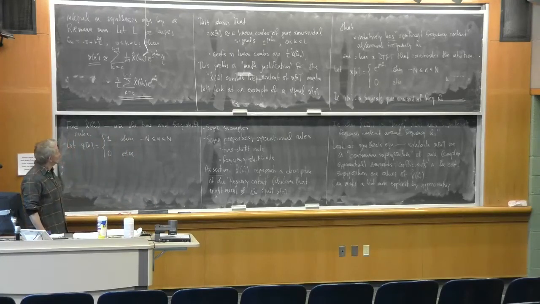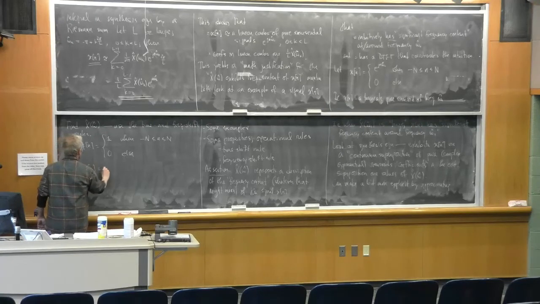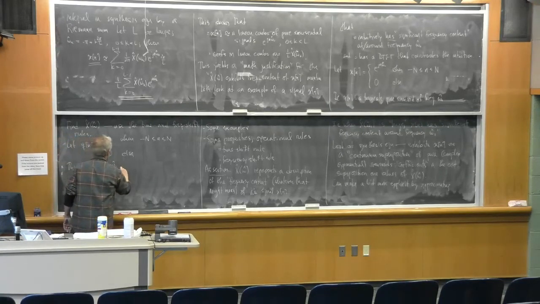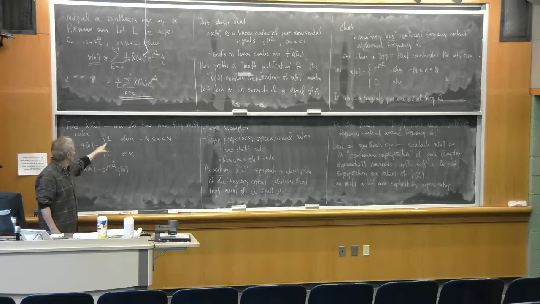Then x of n is equal to e to the j n omega 0 hat times q of n. See the definition of x of n? If you take e to the j n omega 0 hat and multiply it times this flat 1 that goes from minus N to N, you get x of n.